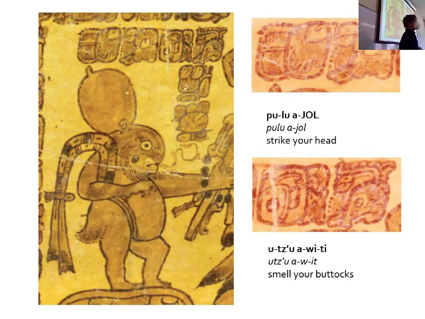The rabbit says, Pulu ahol, strike your head. So one of those imperatives, so you're supposed to read every sound of this, pulu, and then ahol, your head. Pulu ahol, strike your head. Utsu al wheat, smell your buttocks. So another imperative.